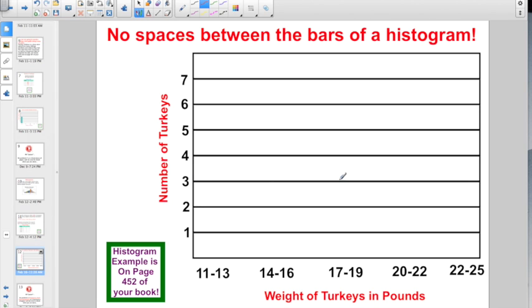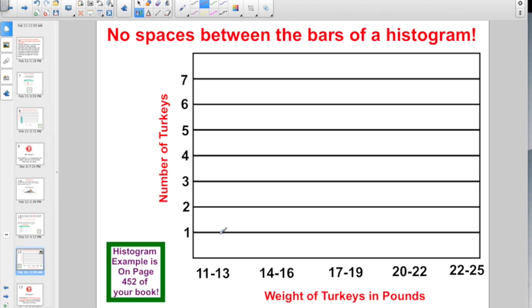It should go almost all the way across your page. It's going to have to be at least 8 lines tall, and you're going to need room for a title, right? Number of turkeys along the y-axis, and no spaces between the bars.